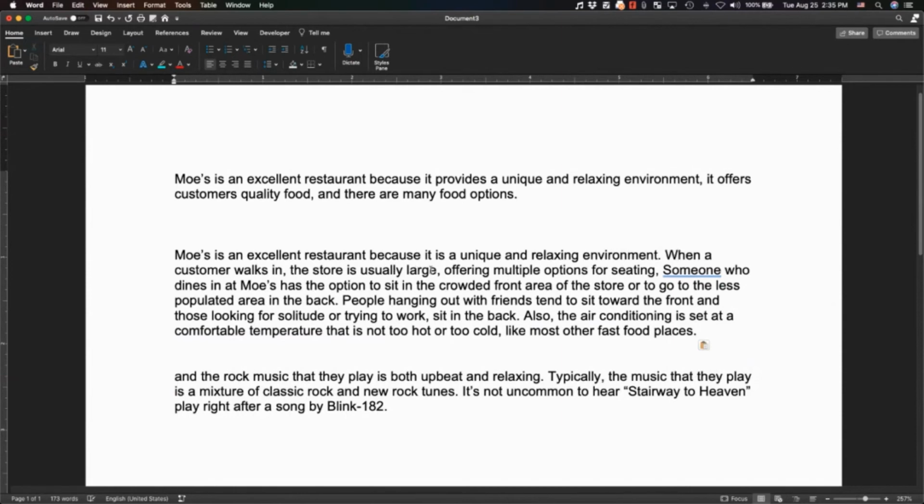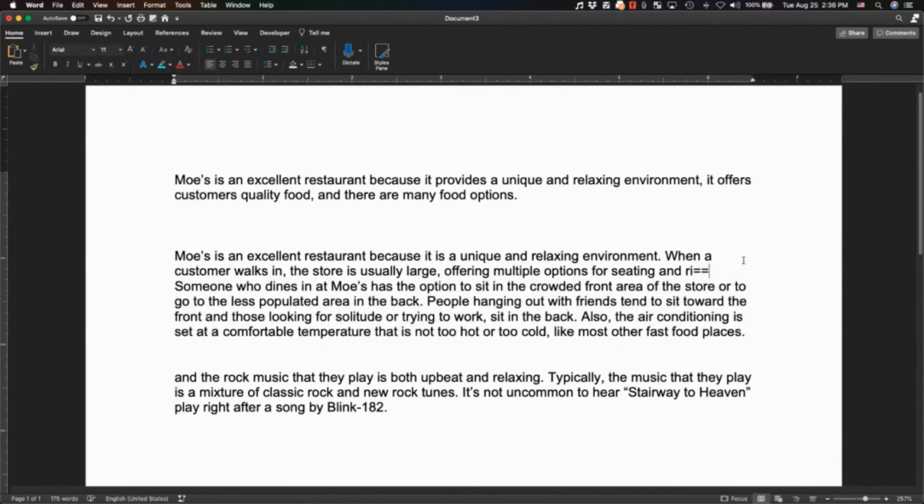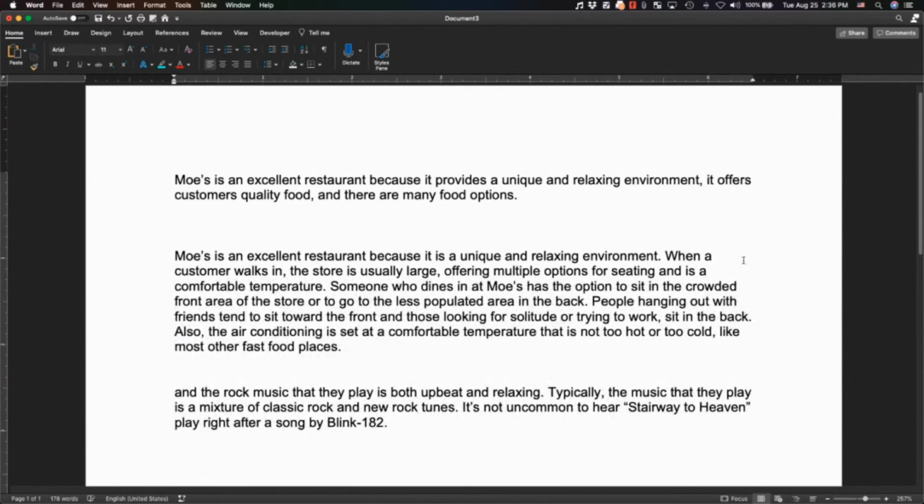So when a customer walks in, the store is usually large, offering multiple options for seating, and provides and is a comfortable temperature, right? So that way the reader knows, okay, we're going to be talking about seating and we're going to be talking about temperature, right? So we've got multiple reminders of what's coming next, even in our paragraphs themselves.